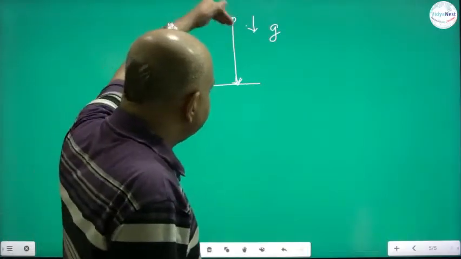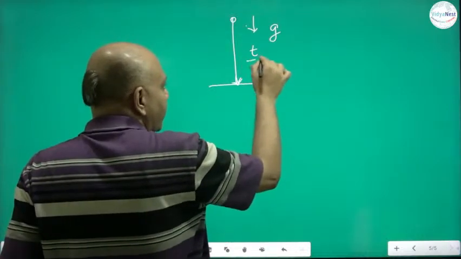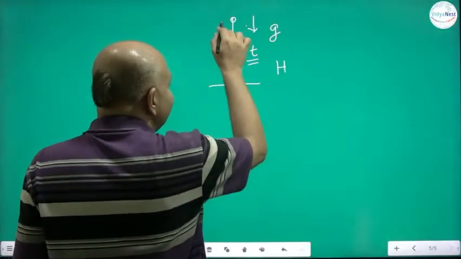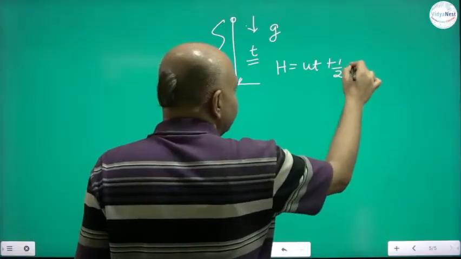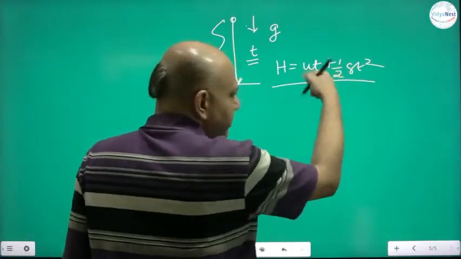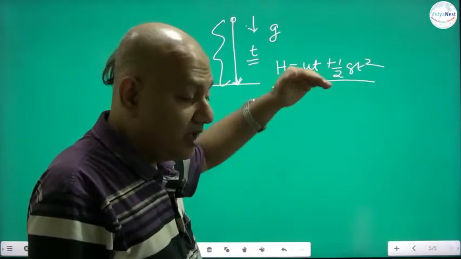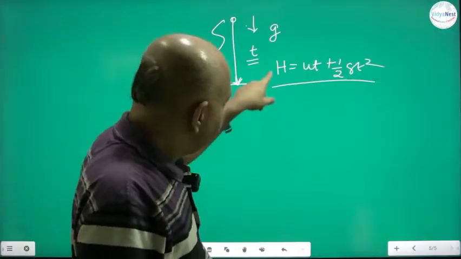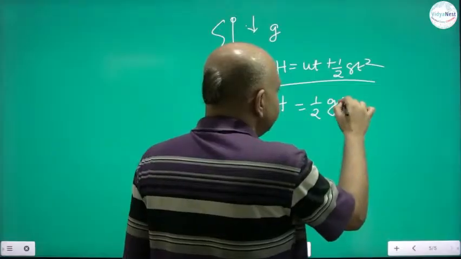Suppose the time t is required to come to this ground, so what is the height it has traveled? H is equal to ut plus half gt square. Have you seen that? S is equal to ut plus half at square. All these formulas were in class 9, 10. Yes. So H is equal to half gt square.